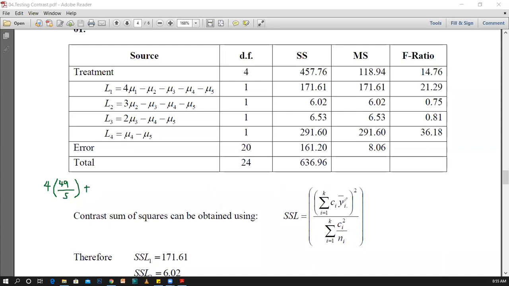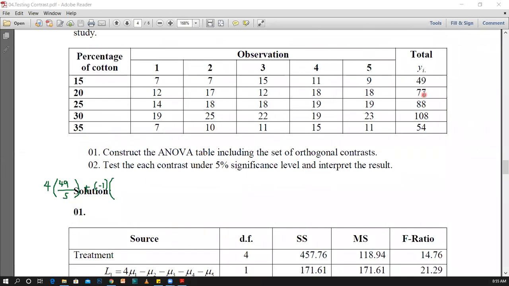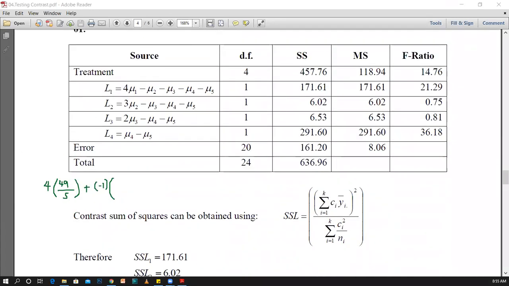Then the next value is ci times y bar. The next ci value is -1, times the next total, 77, divided by again 5 observations. Then again plus -1, the next total was 88, and it has to be again divided by 5.